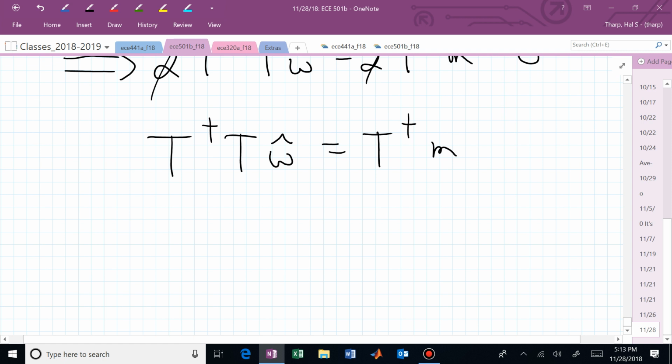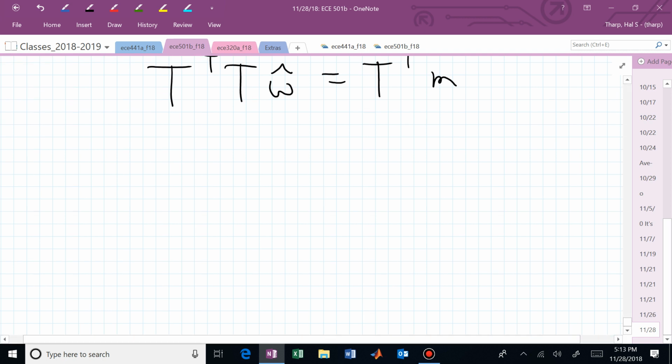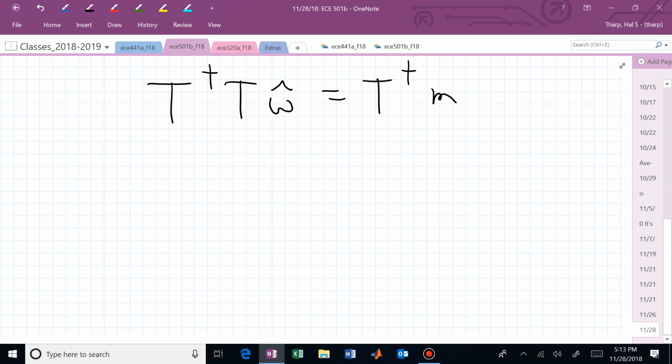Well, what do we know about T dagger T? It's what we called a positive, non-negative operator, and it's also square. So if it was positive in the traditional sense, no 0 eigenvalues, we could invert that and we would be done, right?